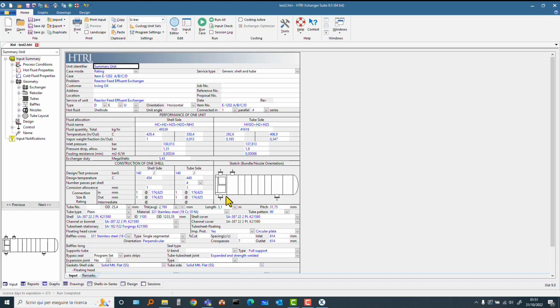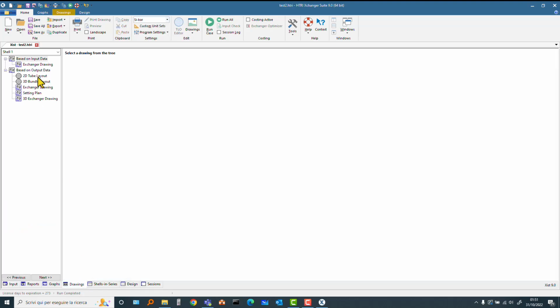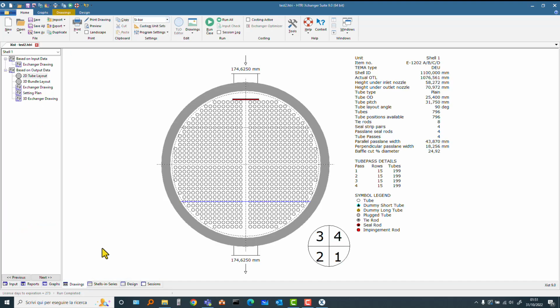Then, let's see how the tube layout is made. How can we look at the tube layout? Not on the summary unit, because to look at the tube layout, we have to select one shell. So, drawings, 2-dimensional tube layout.